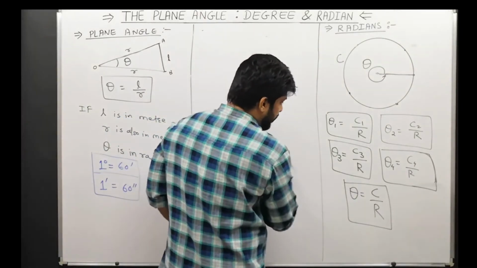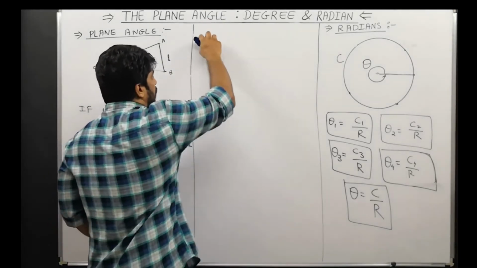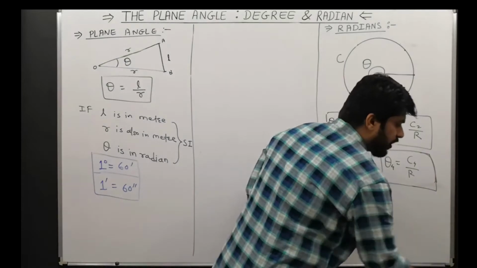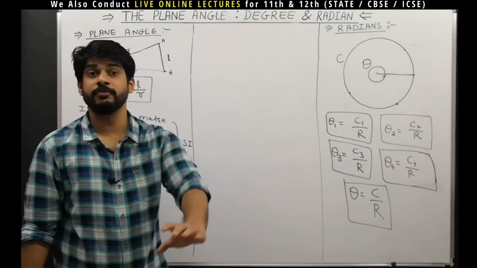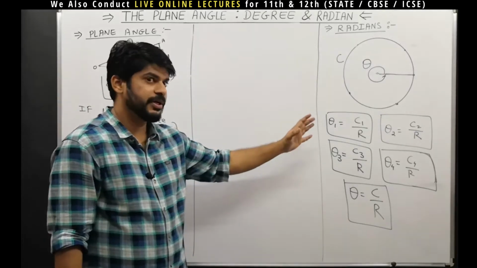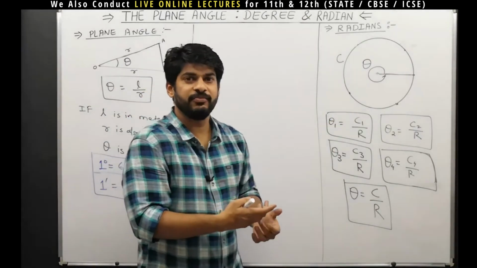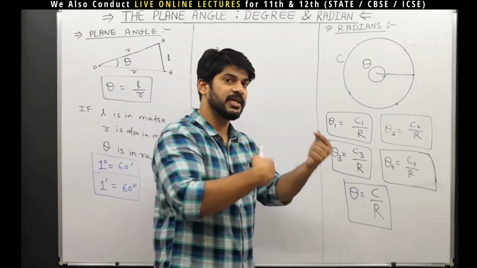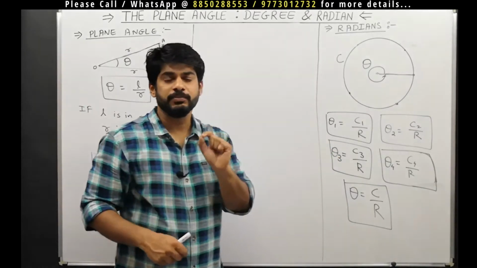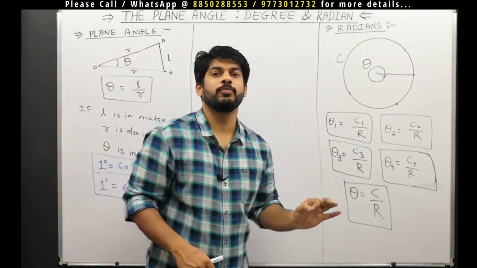Now this equation is very important historically also, because when scientists tested various circles of various sizes, they found something very common.